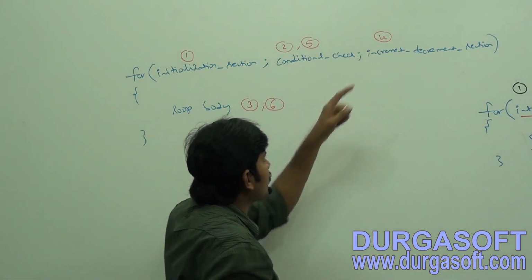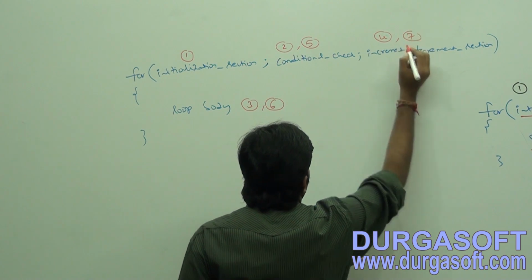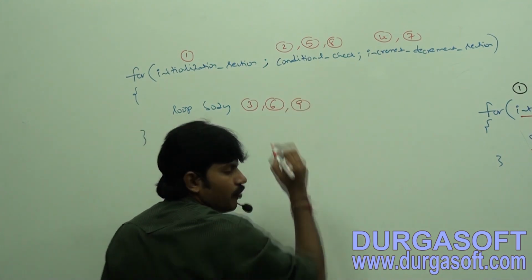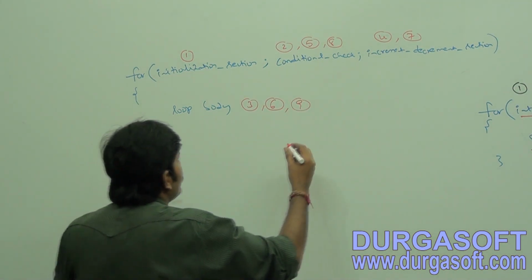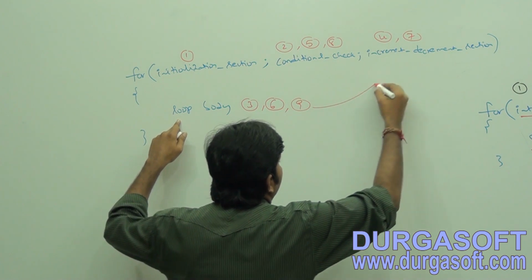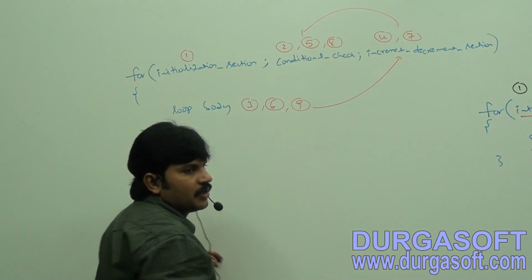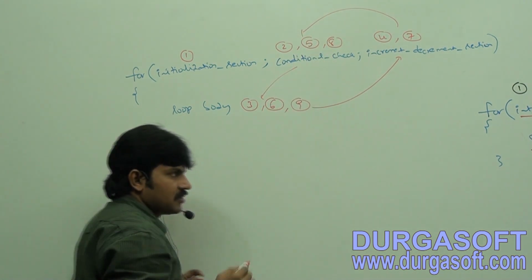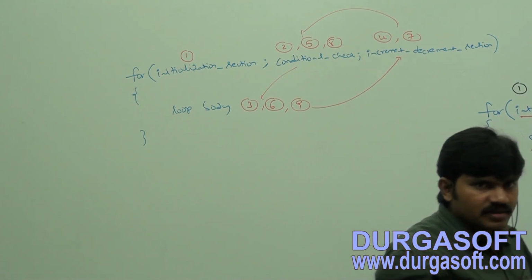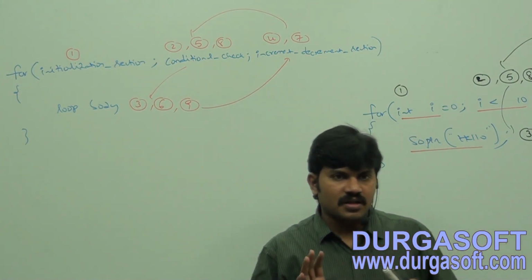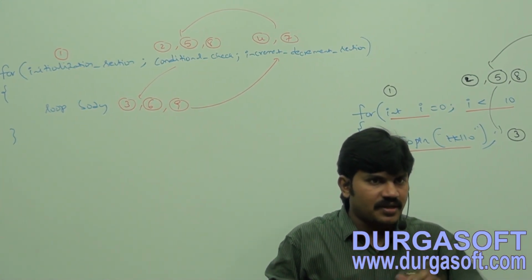After the loop body, increment or decrement, and after that the conditional check. Do you know this cycle will be repeated by default? I hope the syntax, the important parts and the flow are now clear to all of you. Are you able to understand the syntactical part?